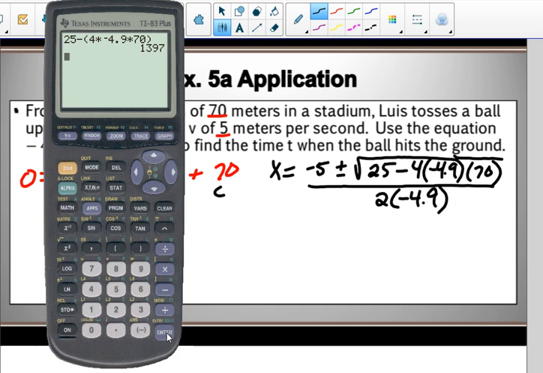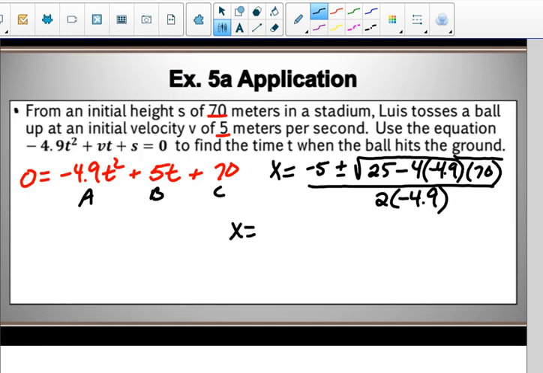So right now, we'll just write this down. So I have x equaling negative 5 plus or minus the square root of 1,397 divided by 2 times a negative 4.9 is a negative 9.8. And when we're dealing with time, we can only use the positive answer.